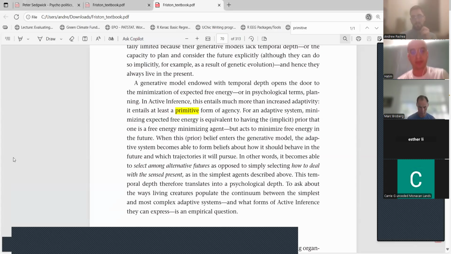Is the capacity for planning and prospection a sufficient basis for what we understand as free will, or is there something more that is required? But you don't have to answer the second question. The more important question I have is really how agency is defined, and if they go into more detail on this, because it's what interests me right now. I want to get a sense of how agency can be defined and how it can be useful for us to model, for example, AI systems.